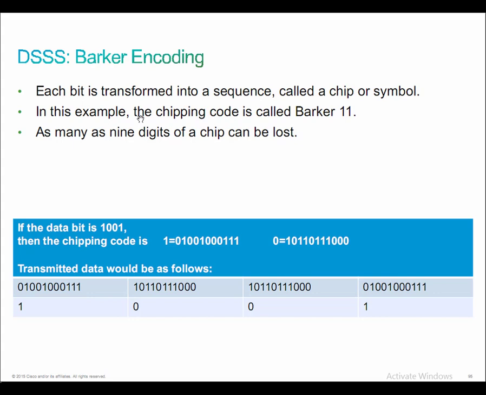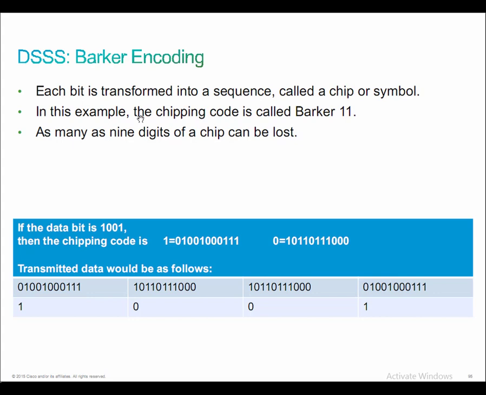Now, these long sequences of 1s and 0s representing that 1 digit are called a chip. If we're using the Barker code 11 with DSSS, that means that whenever there's a 1, we send a different chip sequence, and you can see it here on the screen in parallel, and 0 conversely.